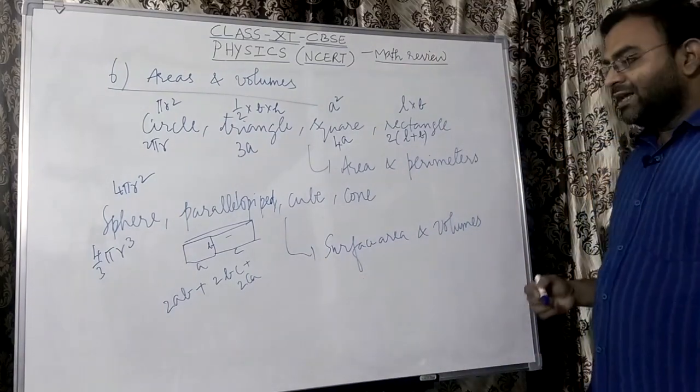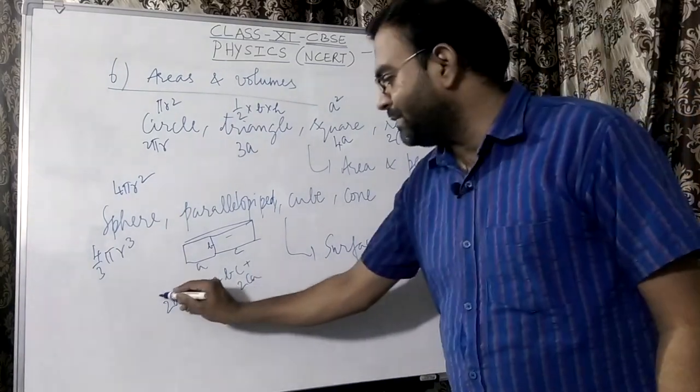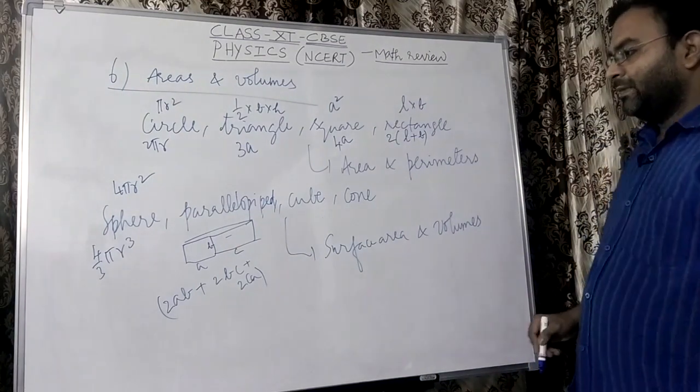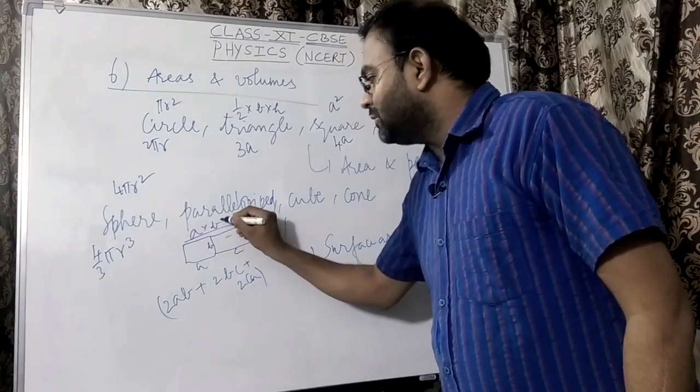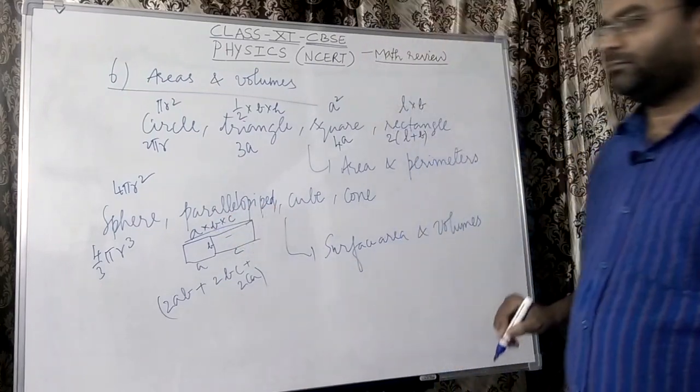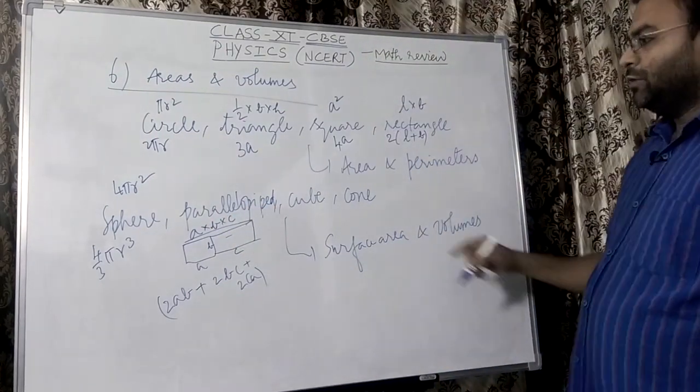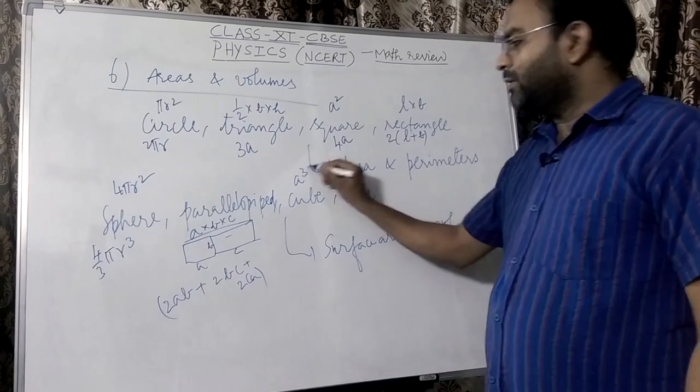So these are the areas that are involved. So the surface area is going to be a sum of all the three. And of course the volume is A into B into C for the parallelepiped.